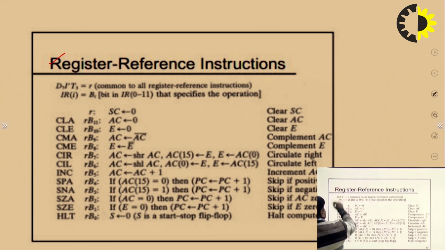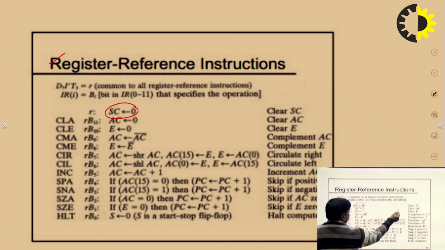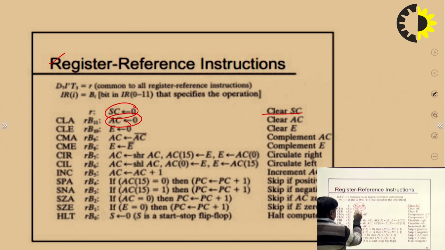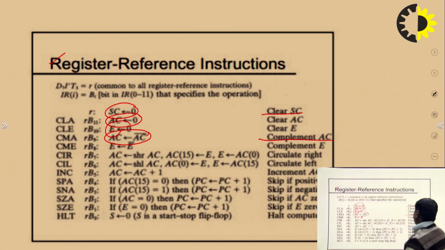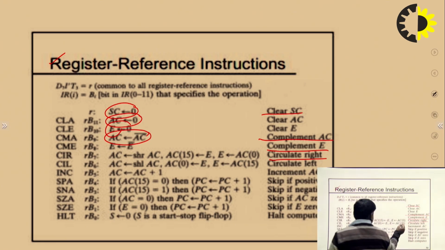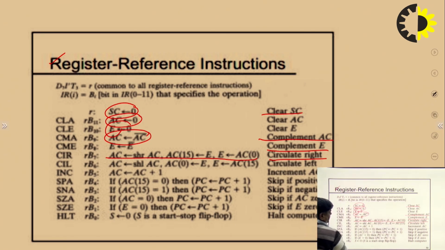We take the register reference. Now that is very simple. In the starting, SC is equal to 0. The accumulator contains 0 and the E bit is 0. Now here the accumulator is complemented, known as the complement of the accumulator. Here the complement of E. Here we calculate the right bit.